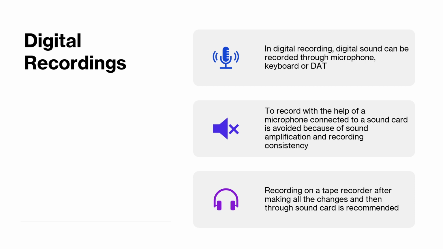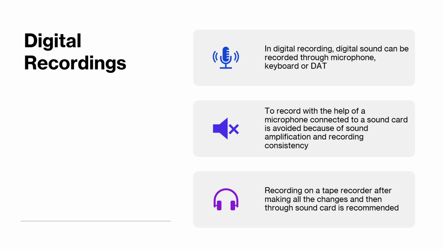However, if you go this route by recording on a tape recorder first, you would be able to adjust the recording level as needed and then transfer the recording onto the computer with a consistent level. So generally, the statement means that recording can be done in two approaches.